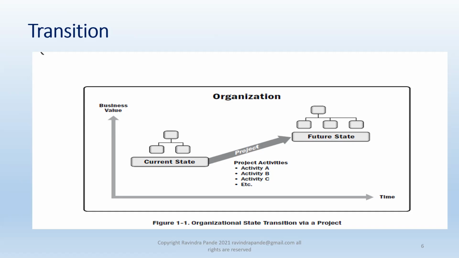For that, you might publish some advertisements in a newspaper. You might put up hoardings on the side of the roads. You might put up hoardings in the malls and all those things. So these are intangible-outcome projects, and these types of projects also move the current state to a future state where you have added value to the business, and so on and so forth.